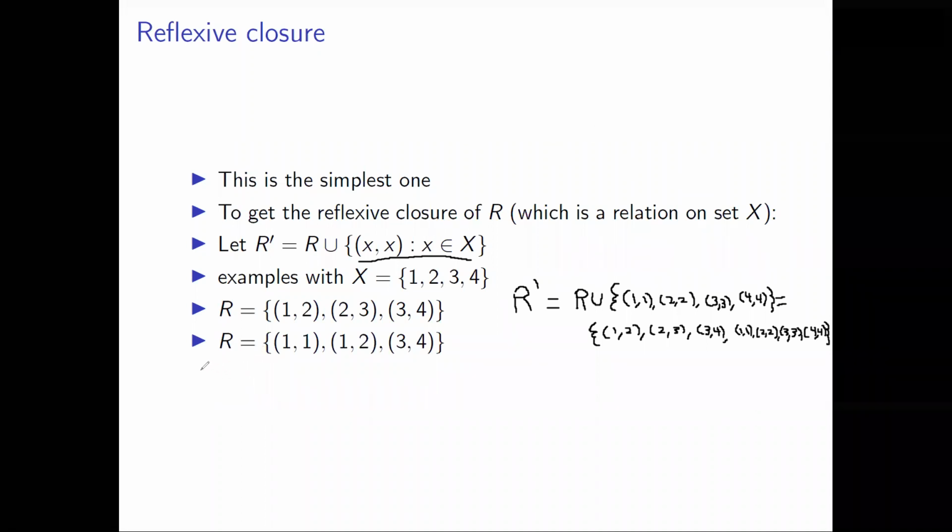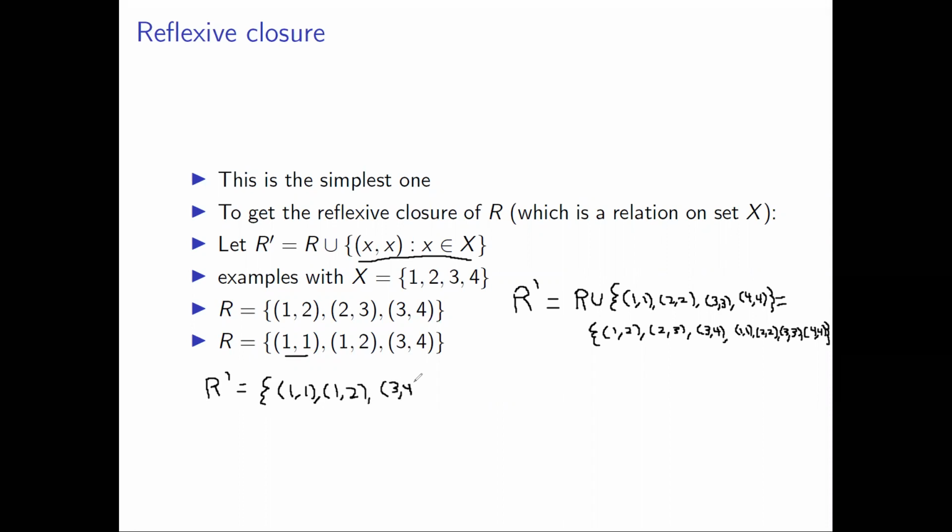In this case, R and the diagonal do have an intersection. They intersect at this element, 1, 1. So our reflexive closure, when we calculate R union the diagonal, we get this set. We have R, which is 1, 1, 1, 2, 3, 4.